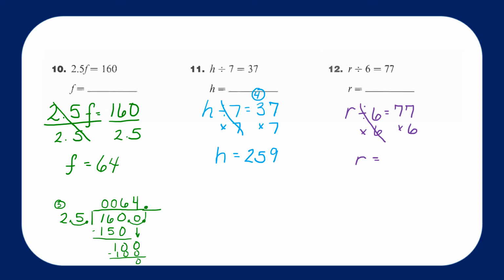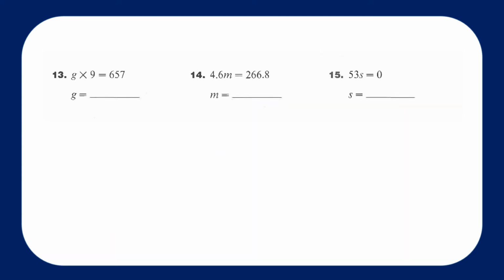All right. 6 times 7 is 42. Carry the 4, write down the 2. 6 times 7 is 42, plus 4 is 46. So R equals 462.